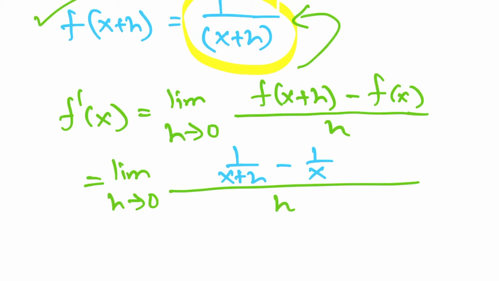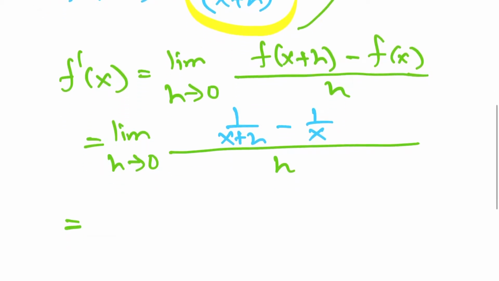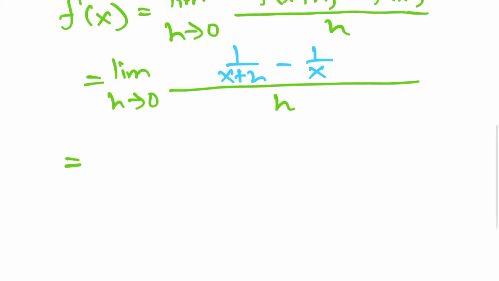Okay, now at this point we want to simplify this problem as much as we can, right? The reason is we can't just replace h with 0, because then we are going to get undefined, and we don't want that. We want to simplify this problem so that we can find the derivative.